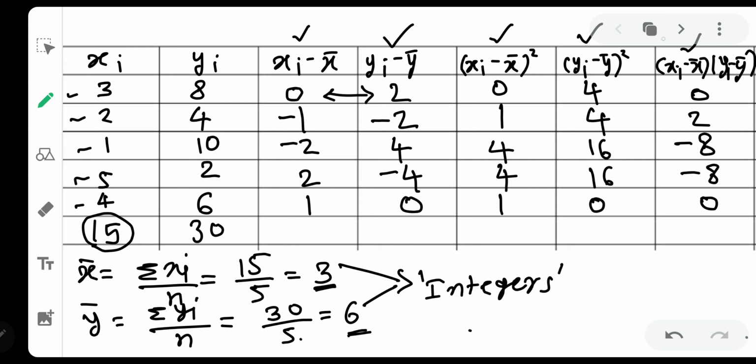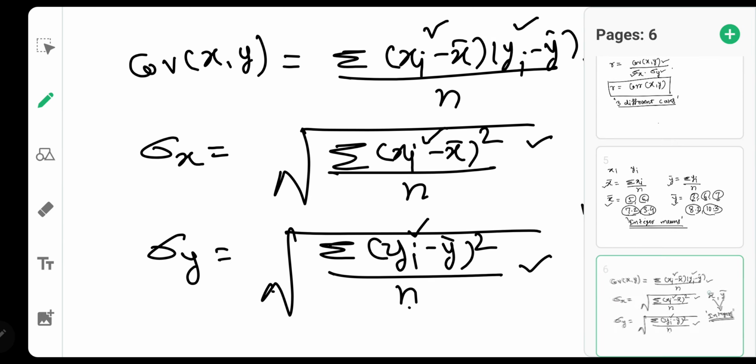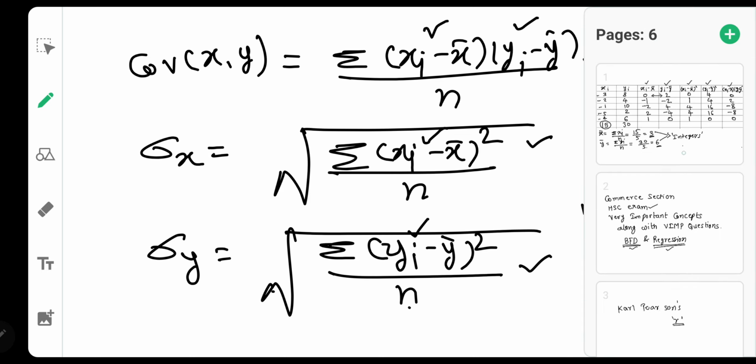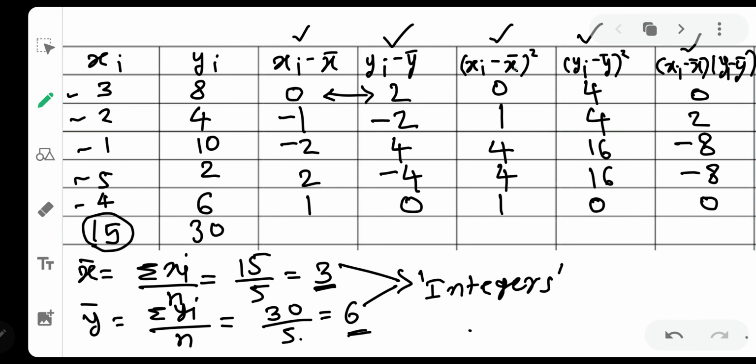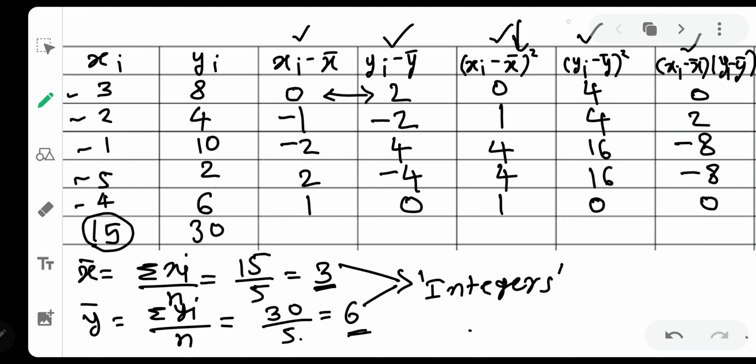Now according to the formula, which columns are needed to be done with summation? So we have to do the summation of square columns and multiplication, product columns. It means you have to do the summation for square columns. So these two are your square columns. Let us add them. 1 plus 4, 5 plus 4, 9 plus 1, 10. 10 is the summation.